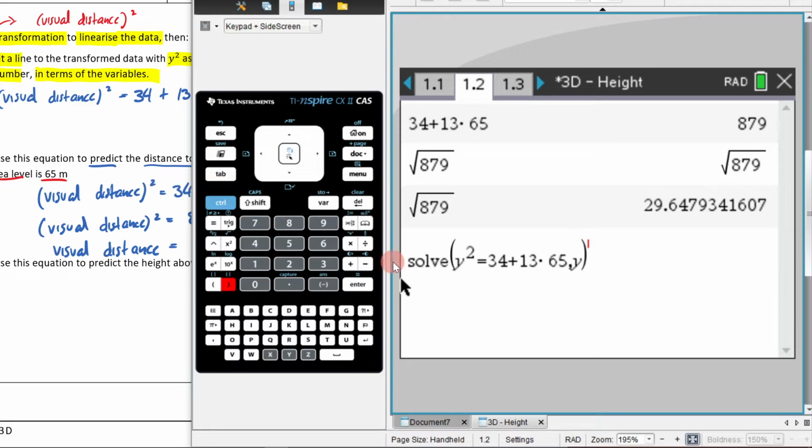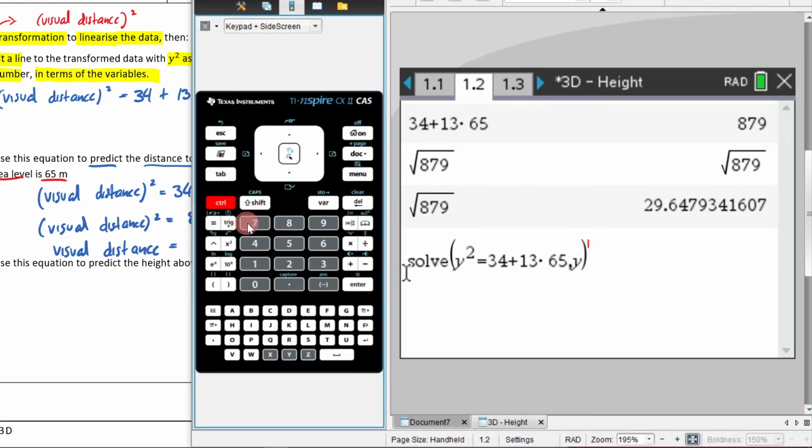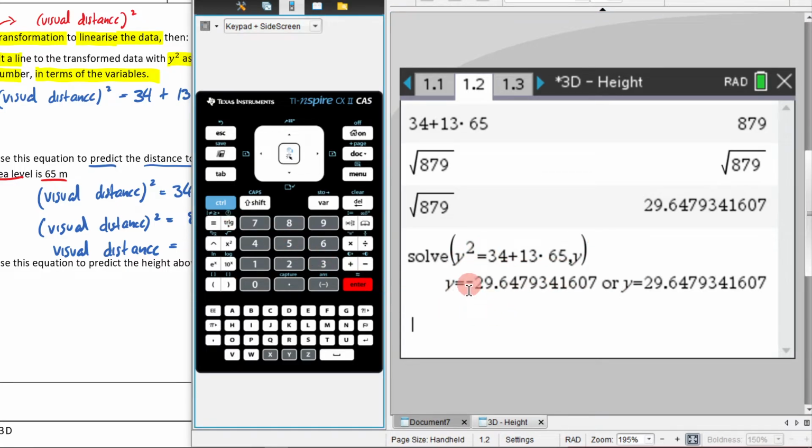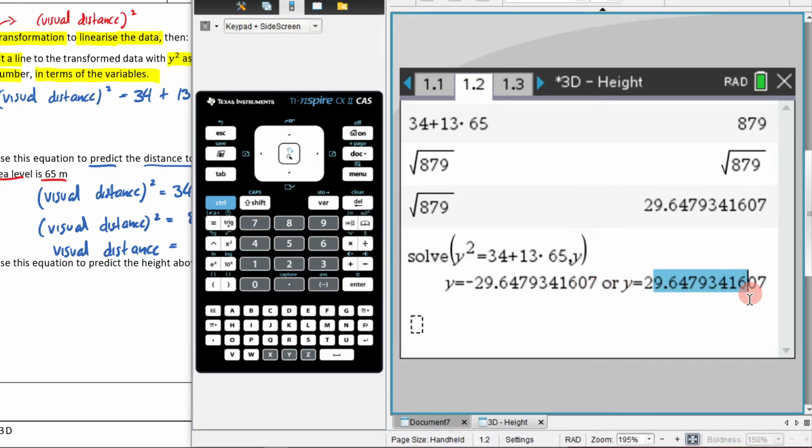I've denoted the visual distance with a y. Now when I go control enter, it's going to give me both a negative and a positive. Because we're dealing with distance, we only care about the positive one, and we still get 29.647.